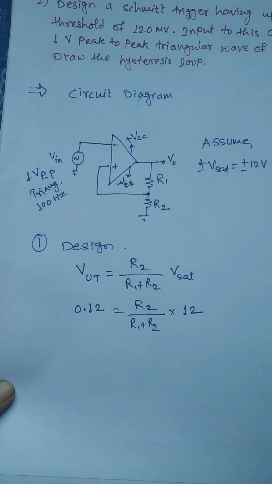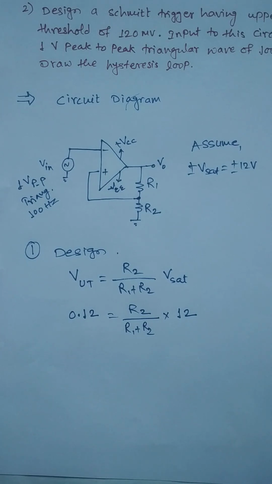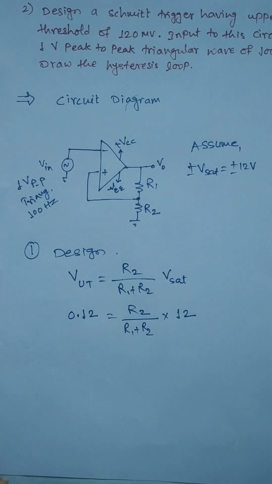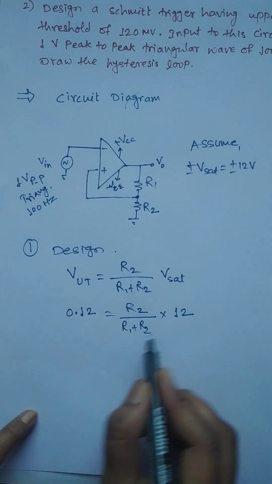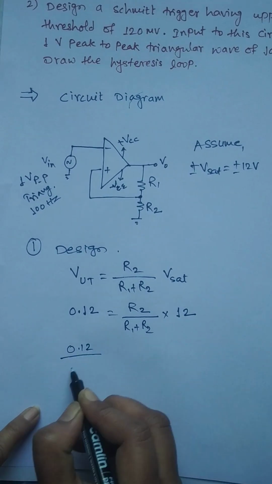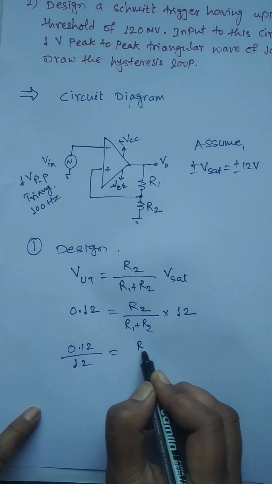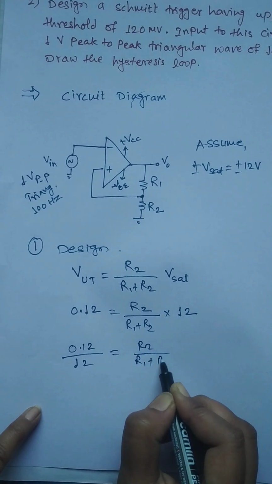Now let us solve this example. So after solving and rearranging, what will I get? Okay, let us transfer this 12 to the left hand side. So it will become 0.12 over 12 is equal to R2 upon R1 plus R2.